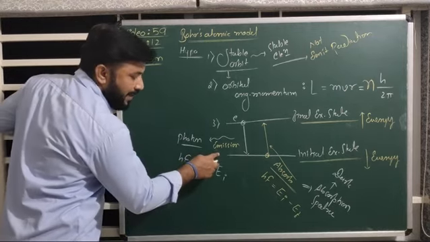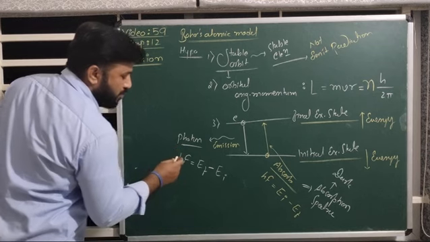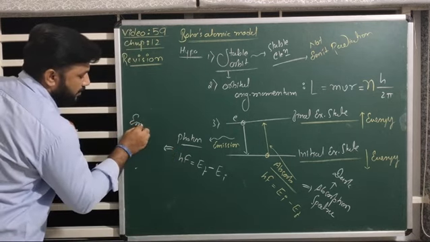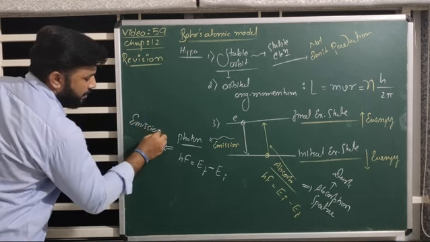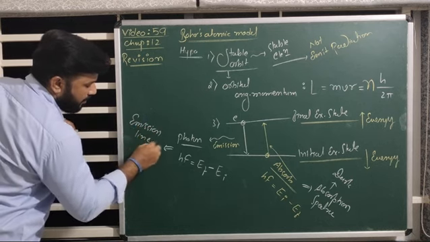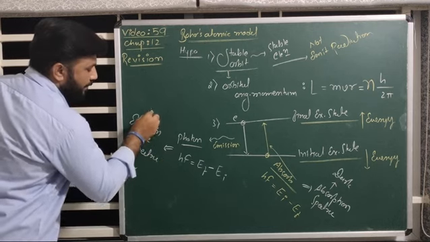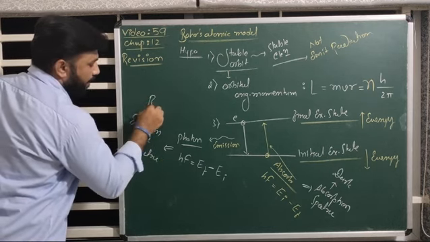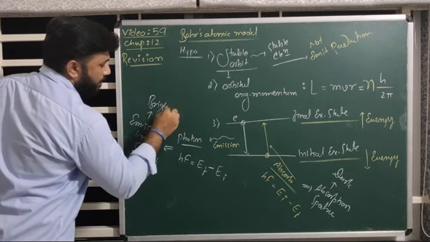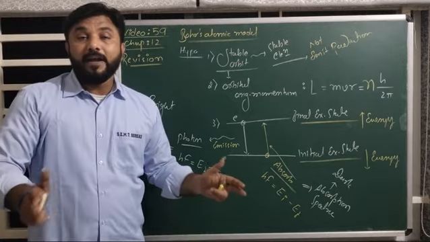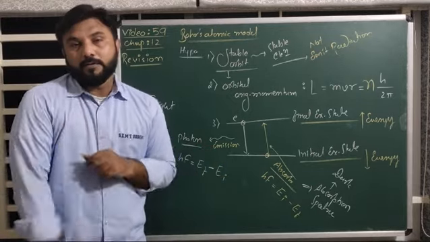And here there is emission of a photon, so such spectra is known as emission line spectra, and this emission line spectra appears bright, and this bright light you can obtain in a dark background.